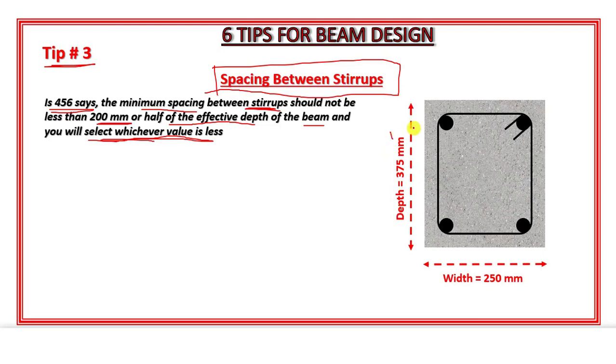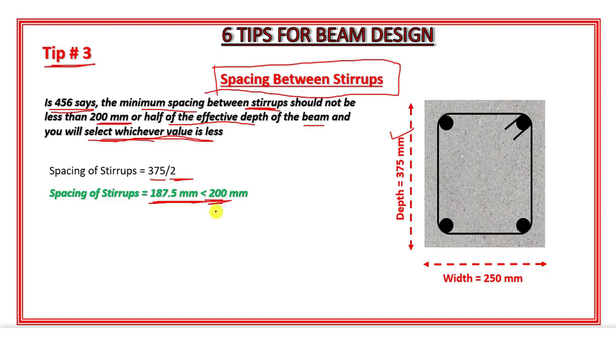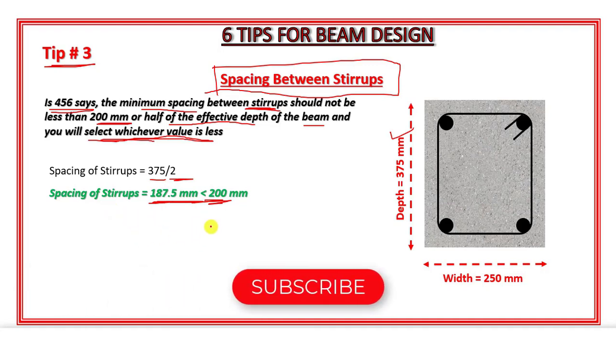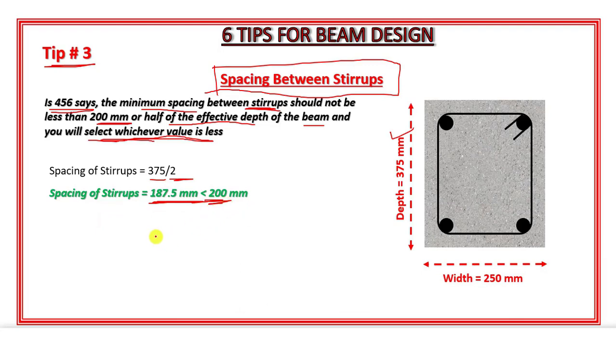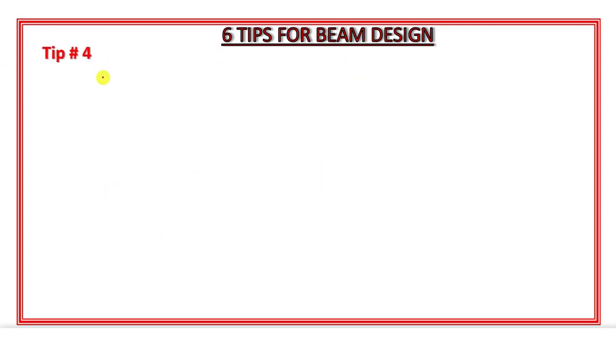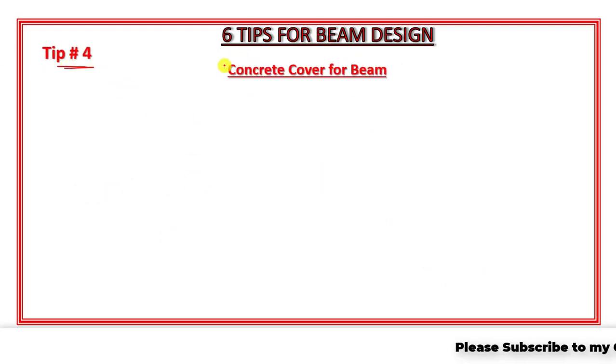Okay, so the spacing will be 375 divided by 2, and it becomes 187.5 mm, which is less than 200 mm. So here I will take 187.5 mm, not 200 mm. Okay, and remember, if in case the spacing is greater than 200 mm, then you have to provide the spacing of 200 mm.